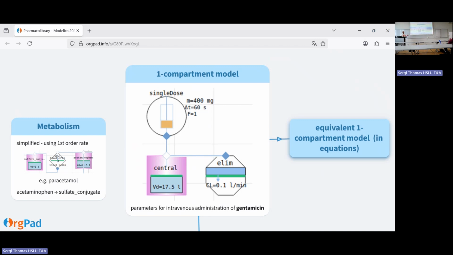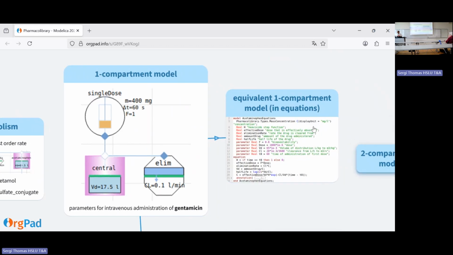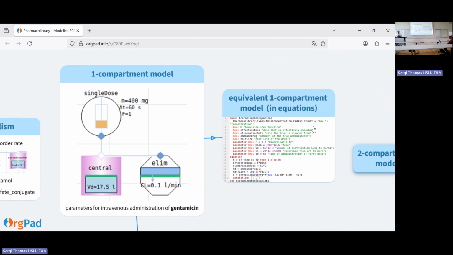And based on the experiments, the drug doesn't react much with other tissues. For example, this is one of the drugs called gentamicin. It is an antibiotic used in hospitals when there is some infection. And you can also express this model using the equivalent equation-based model.